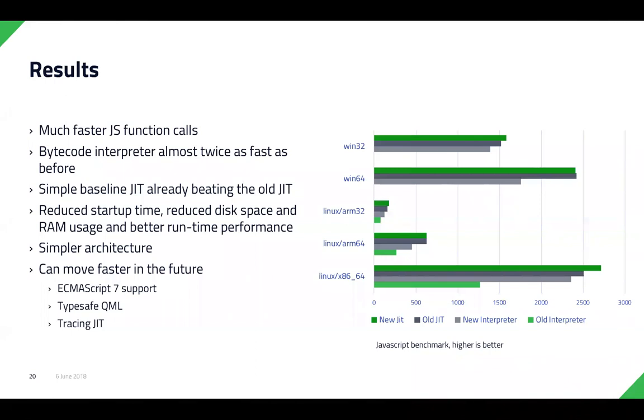With this change, we were also able to bring the QtQuick compiler into the open source version. So we'll have that available across all versions, both commercial and open source. And we do have a much simpler architecture now that we can see is much easier to work with. And with that, we can move faster in the future.